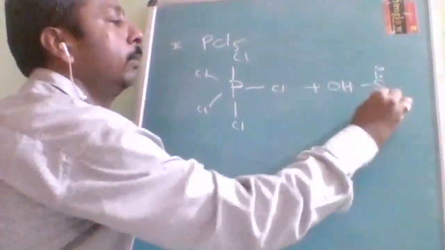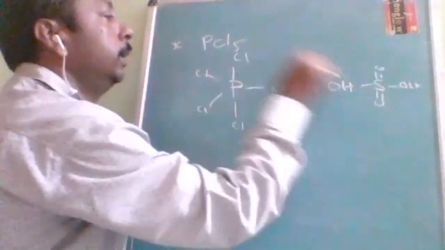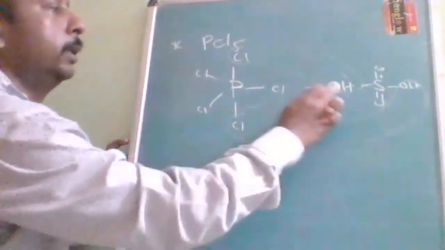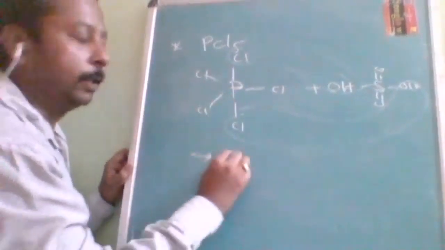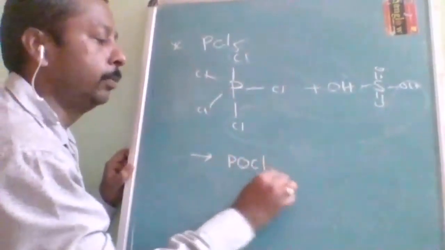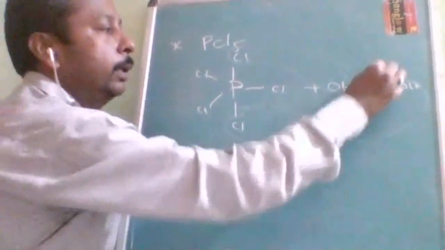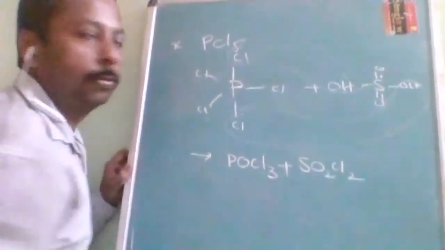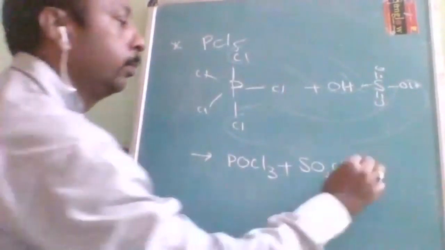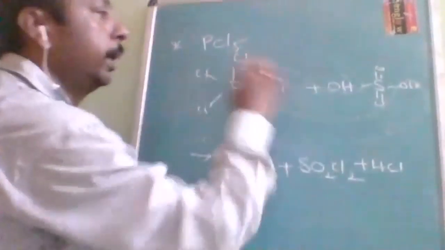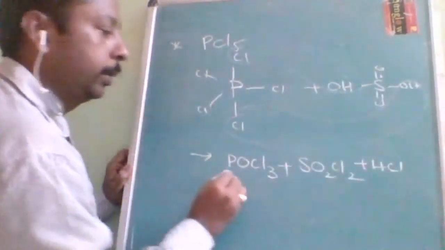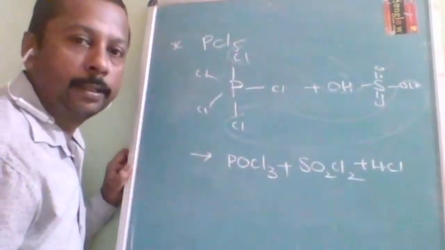These OH will come out and be replaced, then this oxygen will be kept along with the phosphorus. Then it is going to form POCl3. Then SO2Cl2, then the remaining HCl. This hydrogen, this two hydrogen and this chlorine will be HCl. So this is how the miscellaneous reaction works.